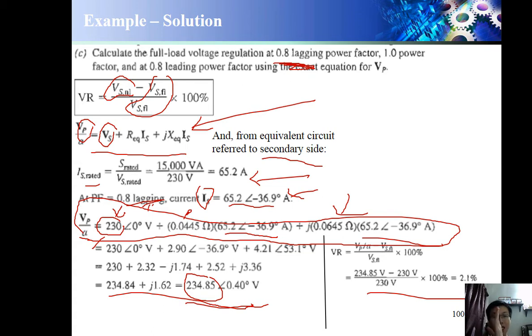At that time actually the voltage is 234.85 at that instant, but after that it becomes 0, right? It will become 0 because there's no connection, right? No, it won't. Sorry, it won't become 0. It will just become 234.85. So this is the voltage regulation. How good is that? So the regulation is about 2.1%.